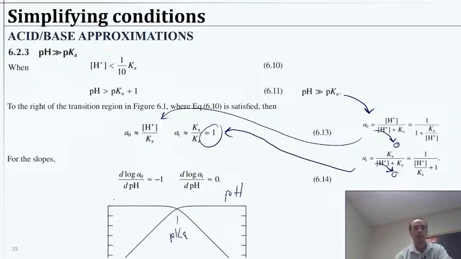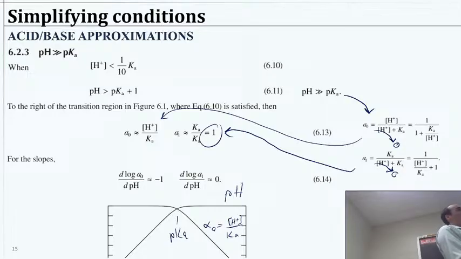So now let's take a look. What does alpha 0 look like? Well, that's going to be H plus, which is a very small number, divided by Ka. So as we move to the right on the pH graph, we're getting a very small number as the numerator, and smaller and smaller and smaller. And now if we take the log of that, the log of alpha 0 equals the log of H plus minus the log of Ka.